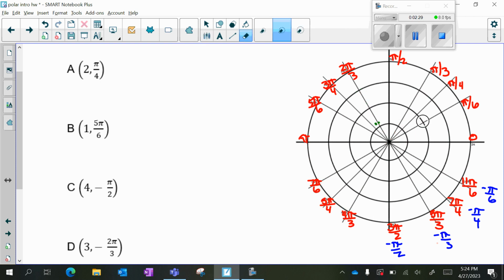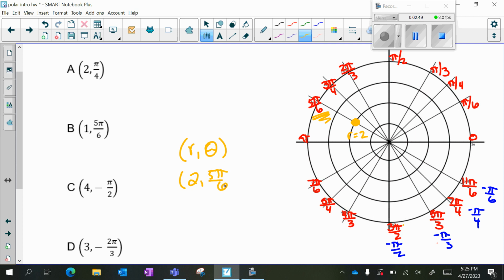If I had this point here, this is on the second circle, so my radius is 2, and it's on the angle of 5 pi over 6. So this would be the point r comma theta. It would be 2 comma 5 pi over 6. So that's what we're going to be working with as we plot these points.